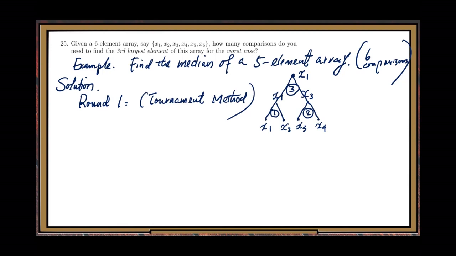So in this round, we have 3 comparisons, and x5 we do not touch. That is round 1. 3 comparisons already used. In the second round, we need to use the remaining 3 comparisons to find the median.